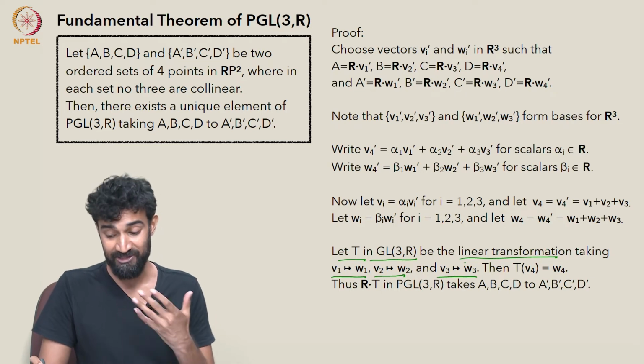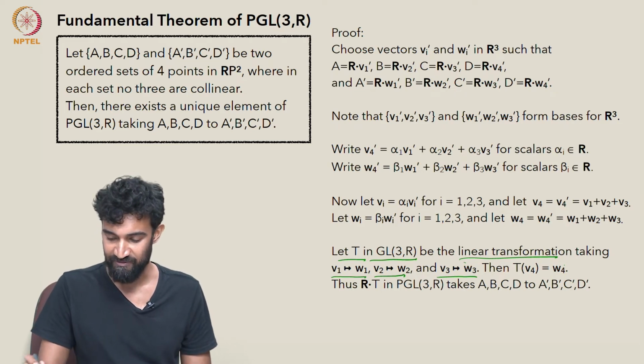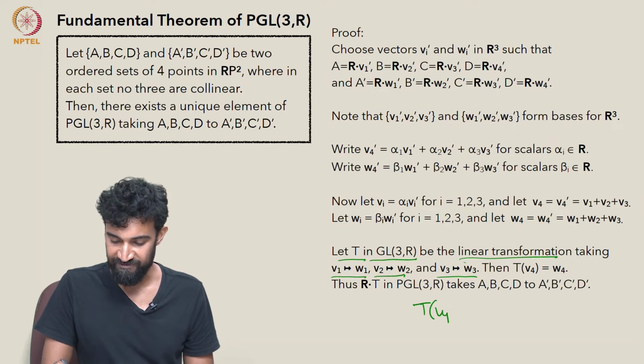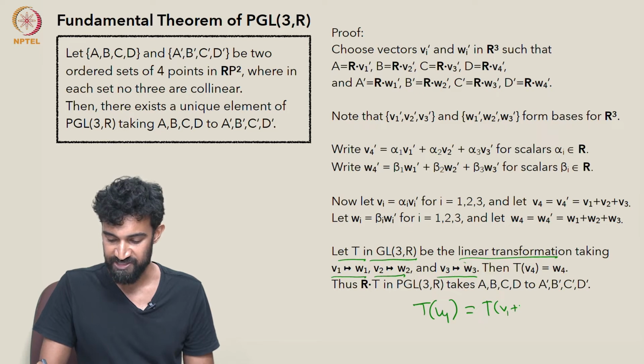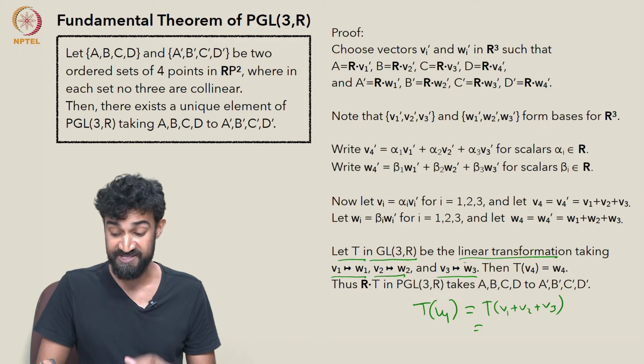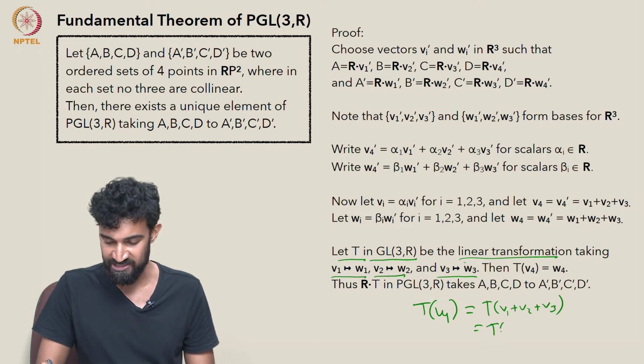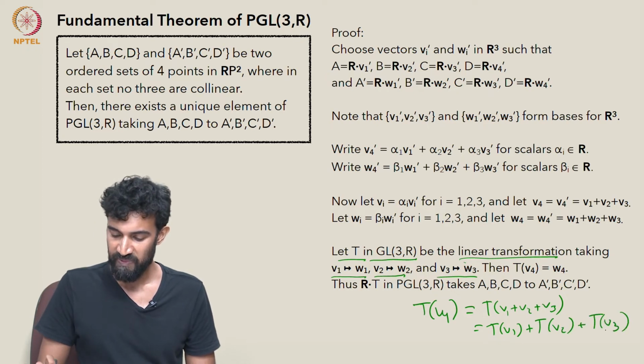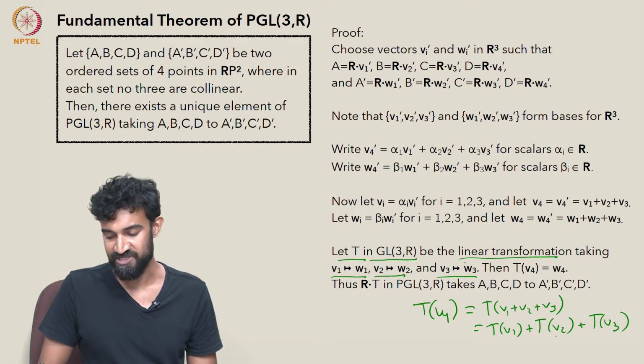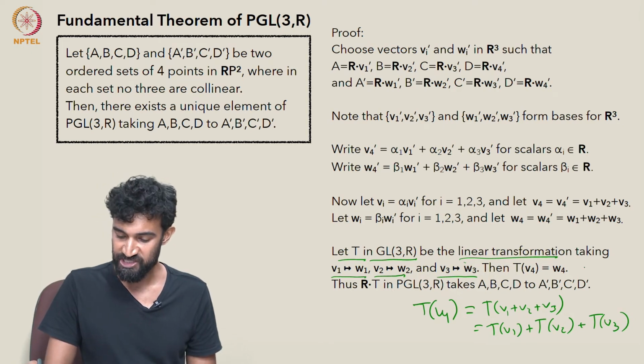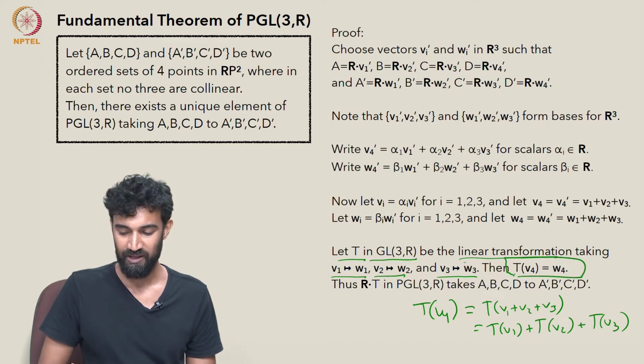Then, since it's a linear transformation, it's going to take v4, which is just v1 plus v2 plus v3, to T of v1 plus T of v2 plus T of v3. But that's just equal to w1 plus w2 plus w3, which is just w4. So T of v4 is equal to w4.